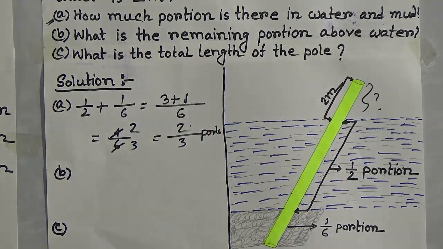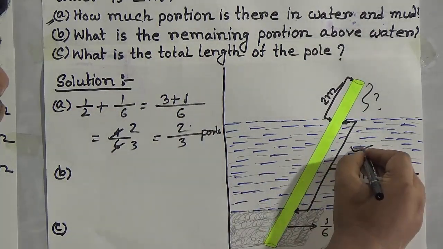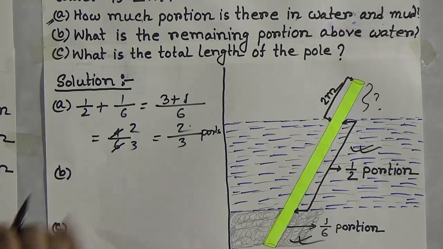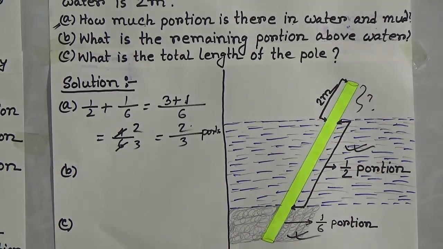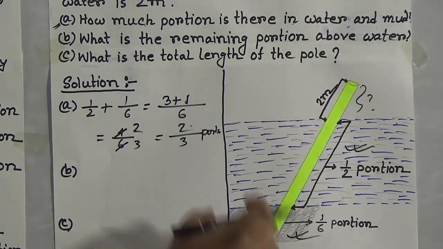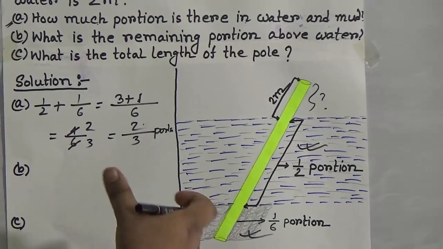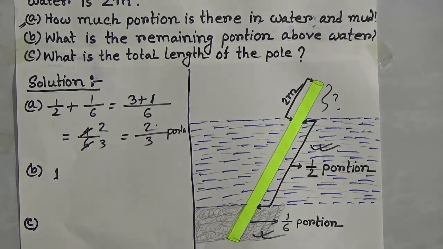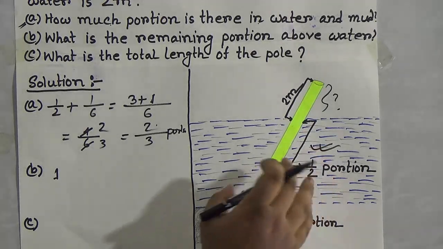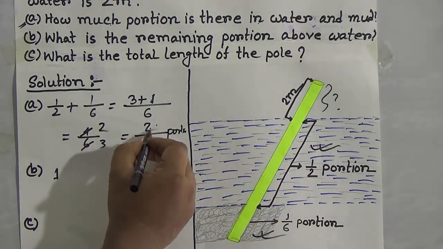Student, notice in water and in mud the portion is given, but this portion is not given. So we want to consider that the total length of the portion is 1. Total length of the portion is 1, and in mud and water the total portion is 2/3.